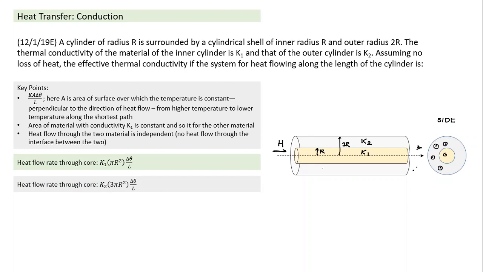Is there any heat flow across the boundary here? No, no heat flow will take place across the boundary. Heat flow rate is perpendicular to the cross section, so heat flow across the inner core and outer core are independent of each other. I can calculate the heat flow through the inner part and outer part separately and add them up. So this is an example of rods connected in parallel.